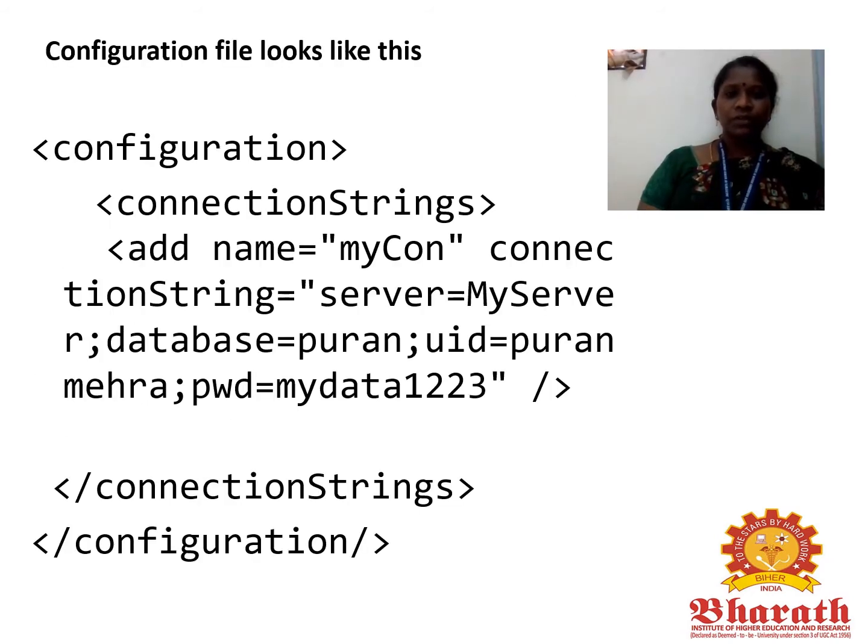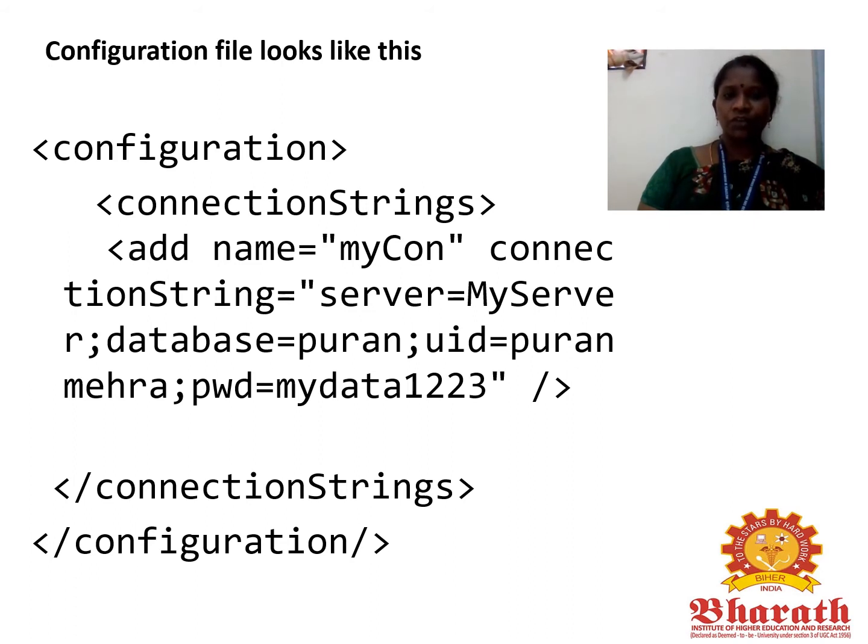For example, this is the simple syntax of a configuration file. First, within the configuration tag, next is the connection string of the configuration. What does the connection string mean? First, we can add the name, then server, then database, and user ID and password.